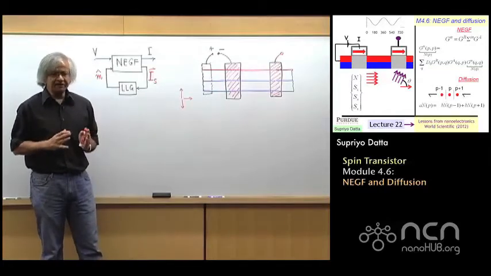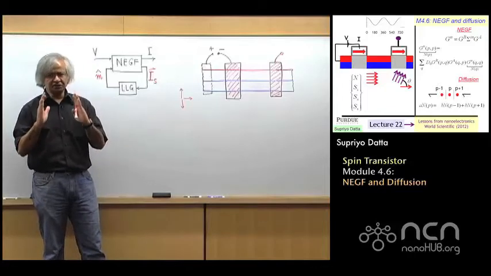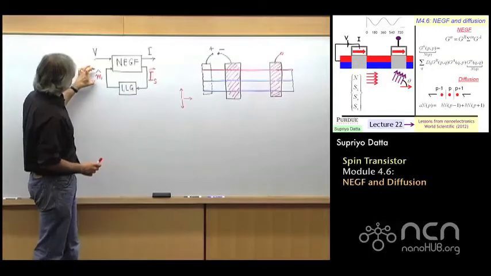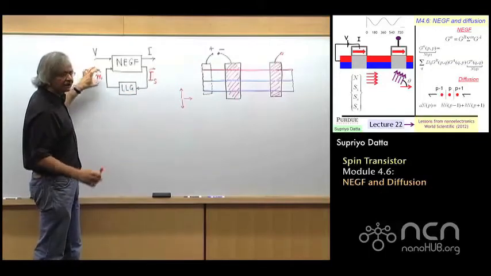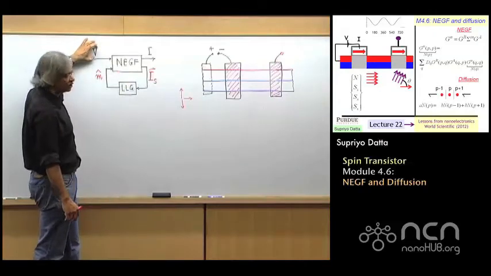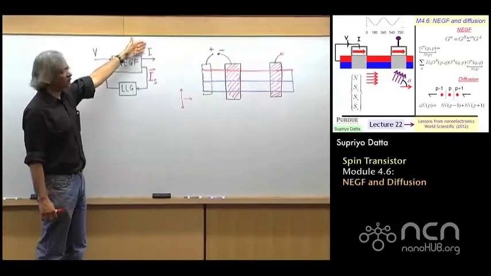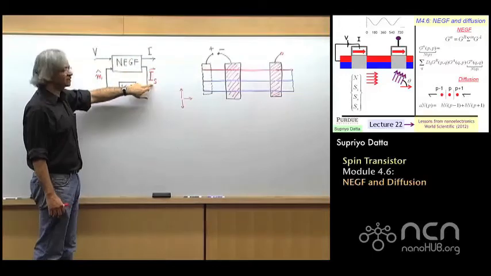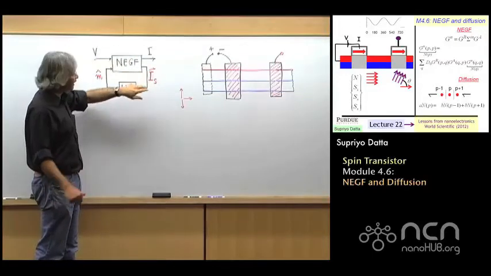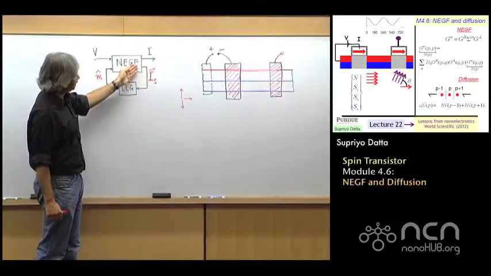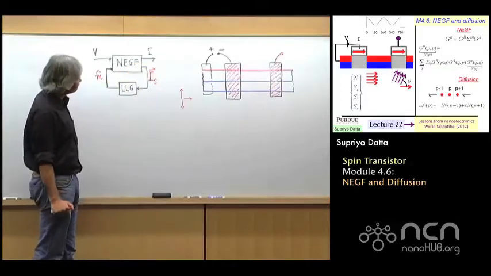So there are some devices where the magnets don't turn, they are just fixed. In that case, you don't need the LLG. You can assume that the magnets point in a certain direction, and then whatever we discussed, this NEGF tells you that if you give it the voltage and the magnetization of your magnets, it will tell you how to calculate the current. Actually, you can also calculate the spin current. That is something, again, I didn't go into in my lectures, but it's in the notes. So you could calculate what the spin current would be as well.